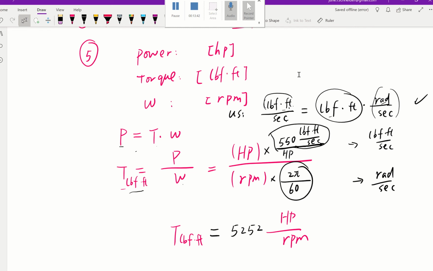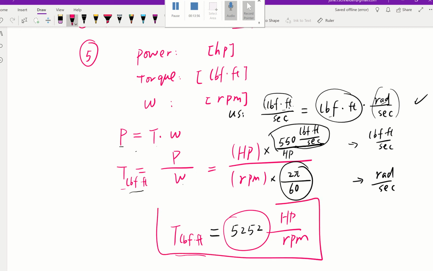You're just going to directly use those numbers in horsepower and RPM, and then use this number, 5252, and you're going to get your desired unit for the torque in pound-foot. All right, so this is very helpful. You will see an example of that maybe in your homework, maybe in web work or the FE exam. So 5252, here we go.